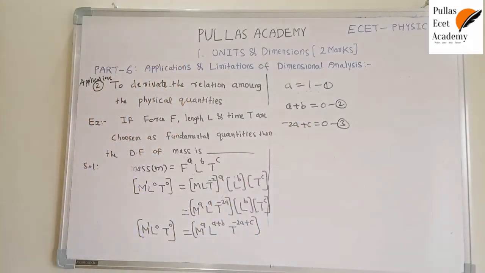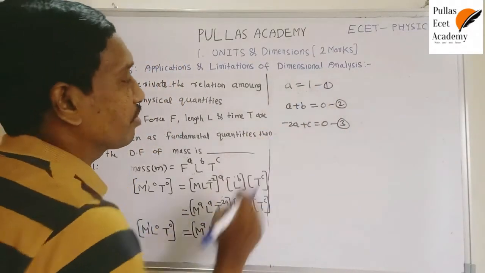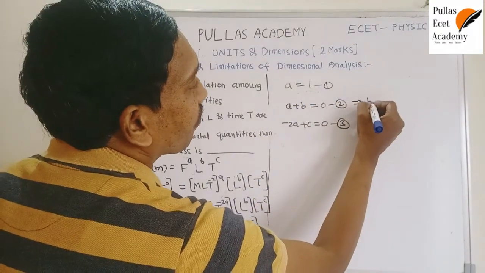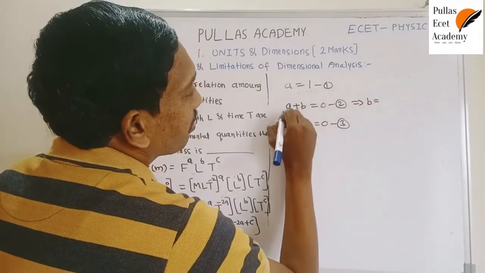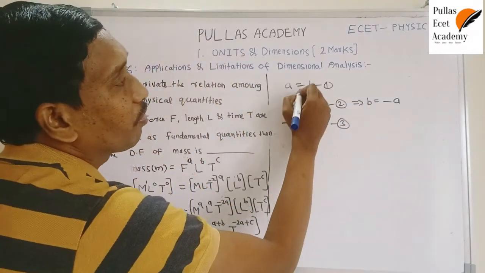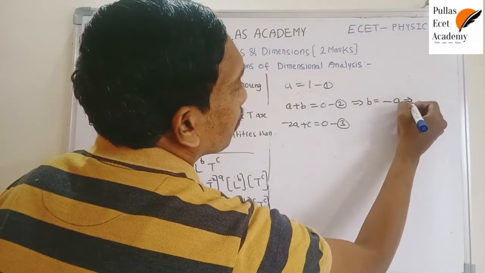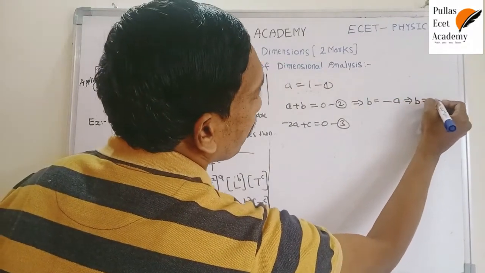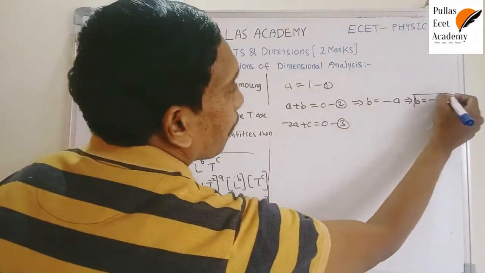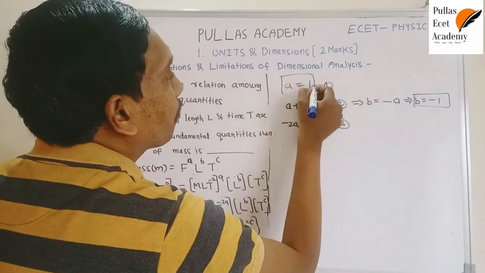By solving these 3 equations, you get the values. From the first equation you get the A value. We need the B and C values. From the second equation, write B as the subject. Shifting A to the left side, you get minus A. We already know the A value, so substitute in the formula. B is equal to minus A, and substituting A equal to 1, then B is equal to minus 1. Here A is equal to plus 1.